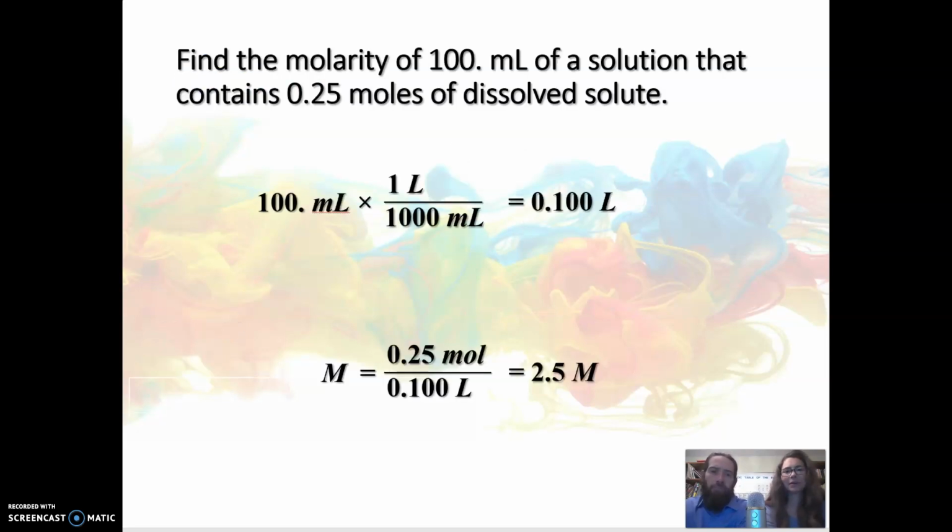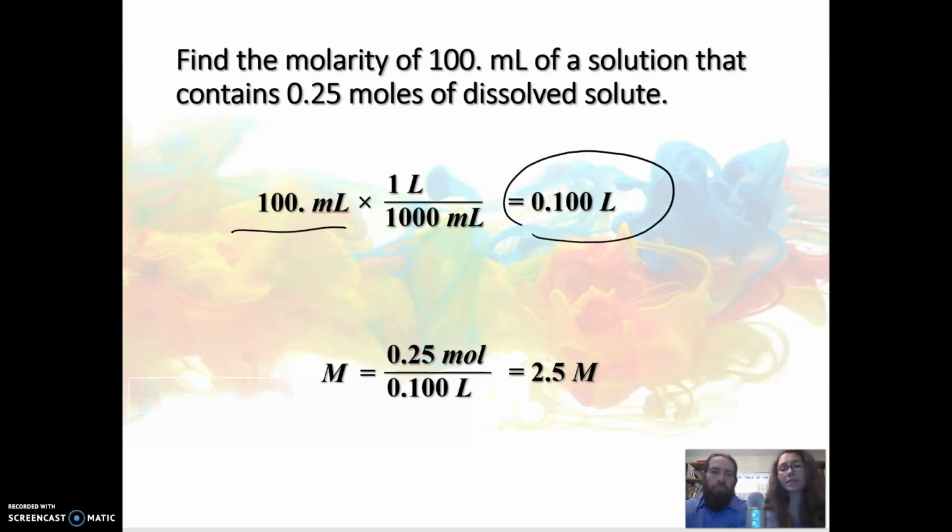So here's an example. Find the molarity of a 100 mL solution that contains 0.25 moles of dissolved solute. So this concentration that we're solving for, it doesn't even matter what it is. It doesn't even say in the problem what the substance is. As long as you know how many moles you have, you can figure out the moles per liter. So we have to convert our milliliters to liters.